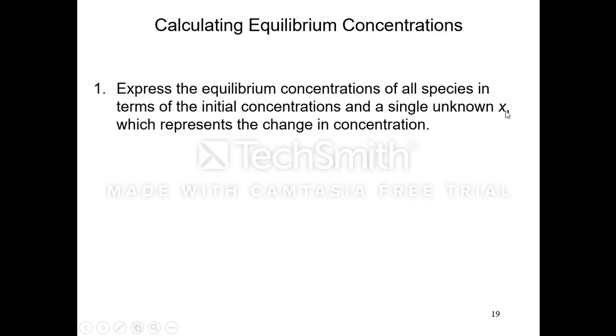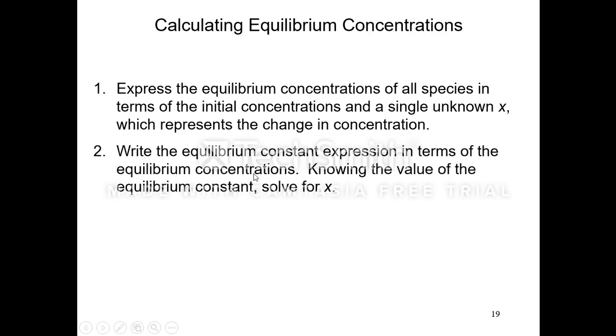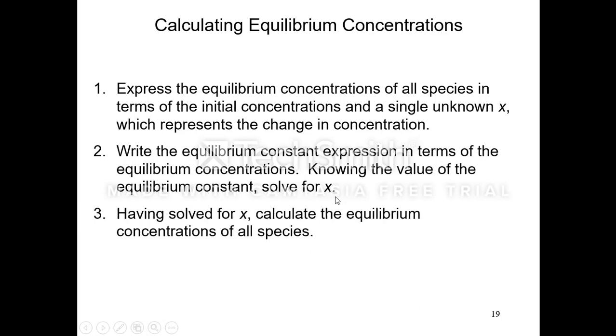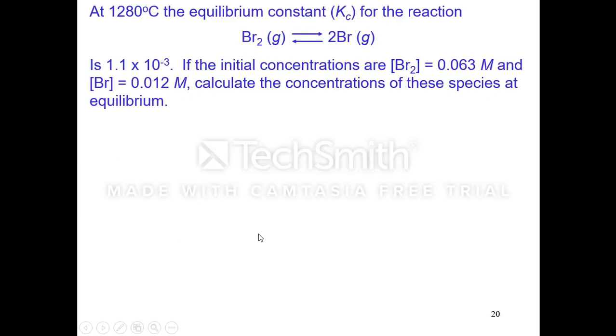A single unknown x relative to the stoichiometric coefficients, and those are going to be the changes. The one that has a starting amount goes down. The one that has an amount of 0 initially is always going to go up. Write the equilibrium constant, that's Kc equals or Kp equals in terms of products over reactants. Knowing the values of all the constants, solve for x. Having solved for x, calculate equilibrium species. And I'm not going to go into this one.